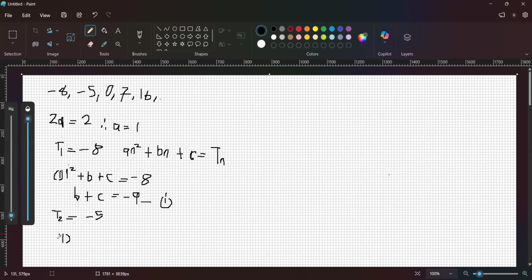But then the n squared is what? 2 squared. So we know that that is 4. So let's just keep that on the side. Then bn, in this case n is 2. So bn is the same thing as 2b. And then finally, plus c. All this is equal to minus 5.